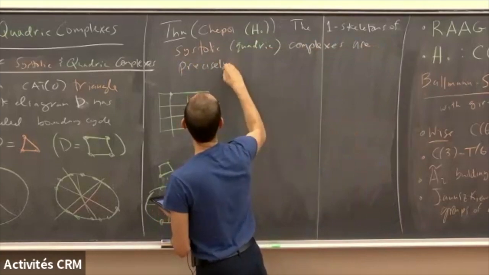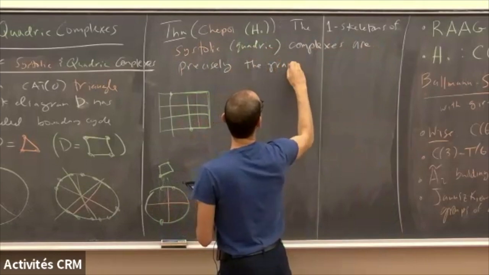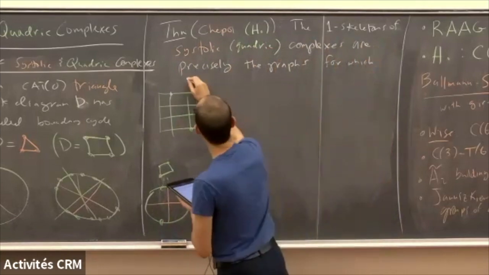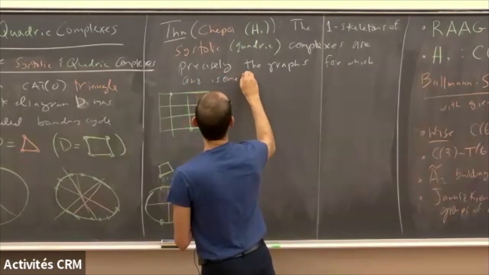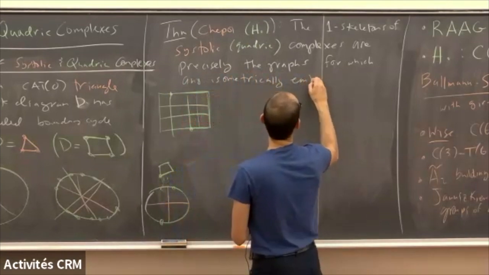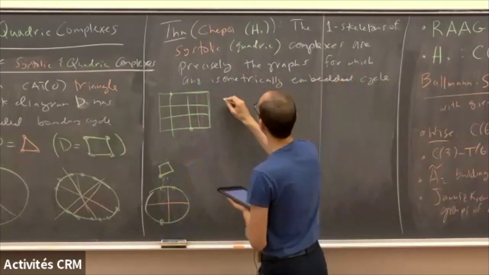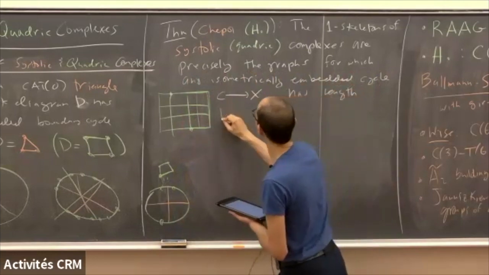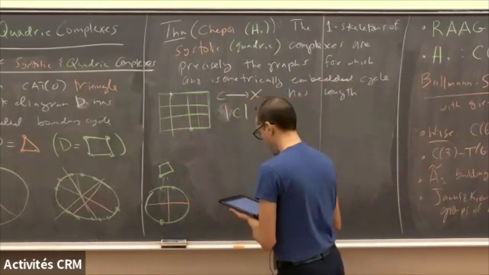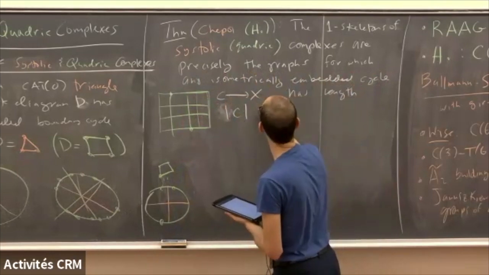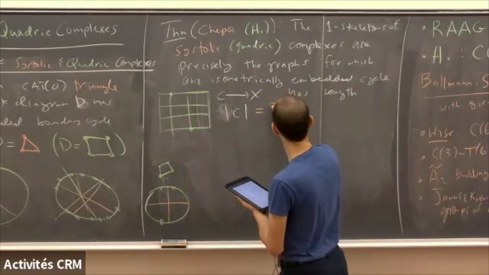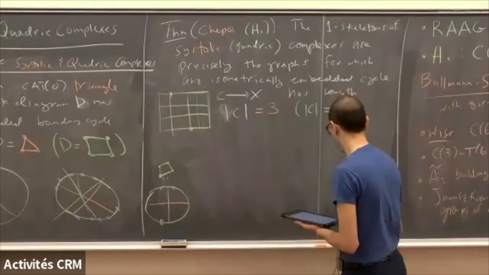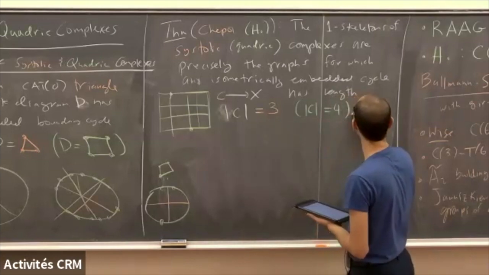These are precisely the graphs for which any isometrically embedded cycle C in X has length C equals 3 in the case of systolic, and C equals 4 in the case of quadric.